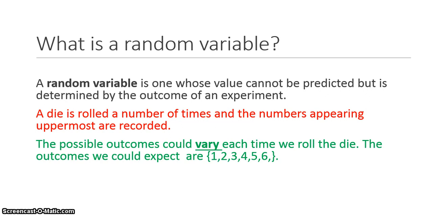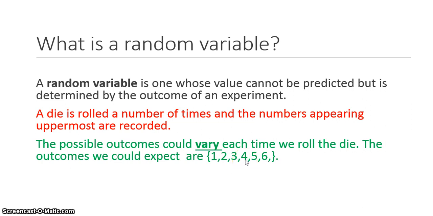The possible outcomes could vary each time we roll the die. We know that the outcomes we could expect are 1, 2, 3, 4, 5 or 6. Each time I roll the die, we could get a different outcome. On our first roll, we might get a 2. On our second roll, we might get a 4.